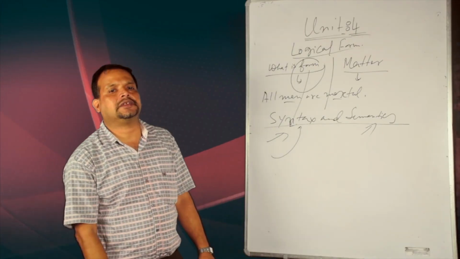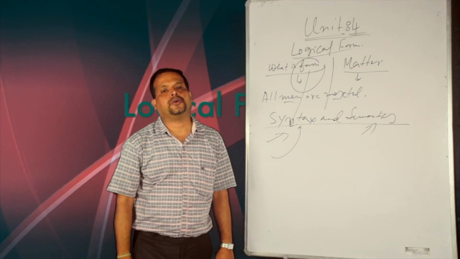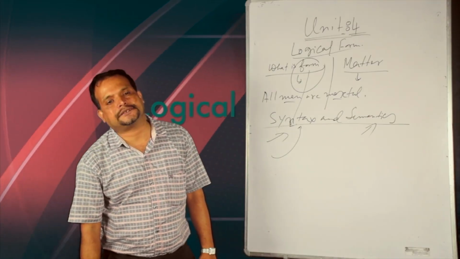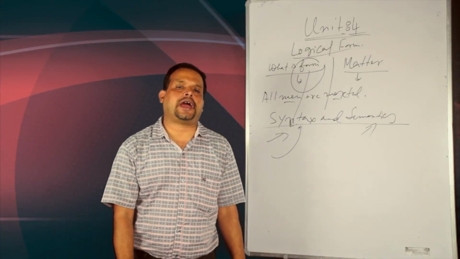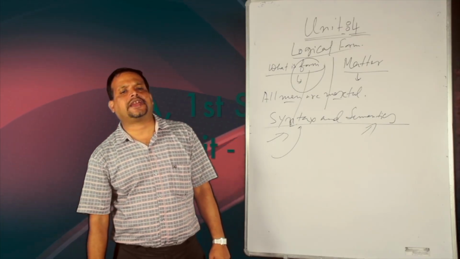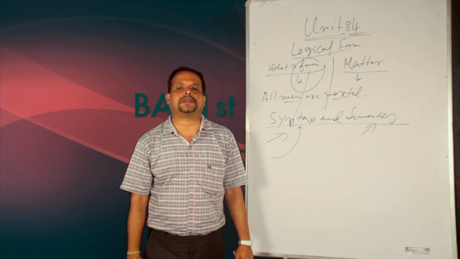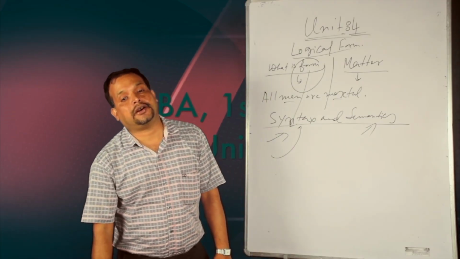Now, dear learners, you can test yourself. There are some questions for you. So just fill up the blanks. The word form in logic is used as applied to arguments. Then second one, the constituent elements of an argument are called its dash. You find out the word.